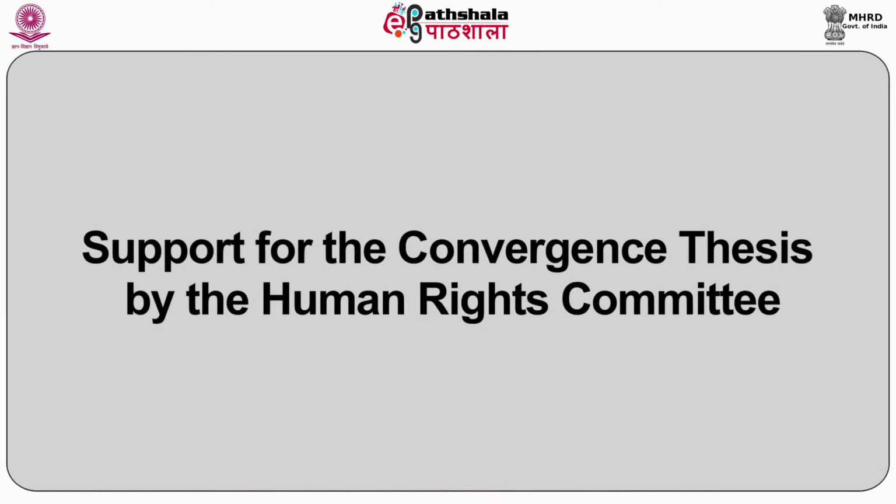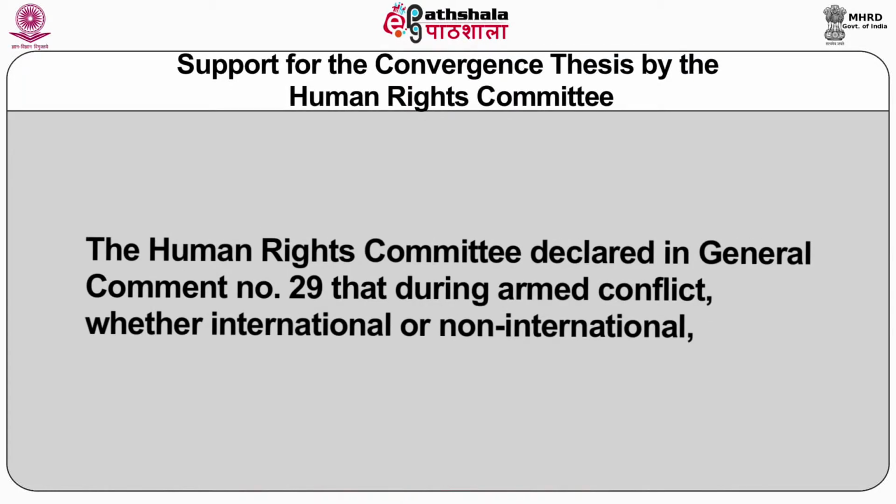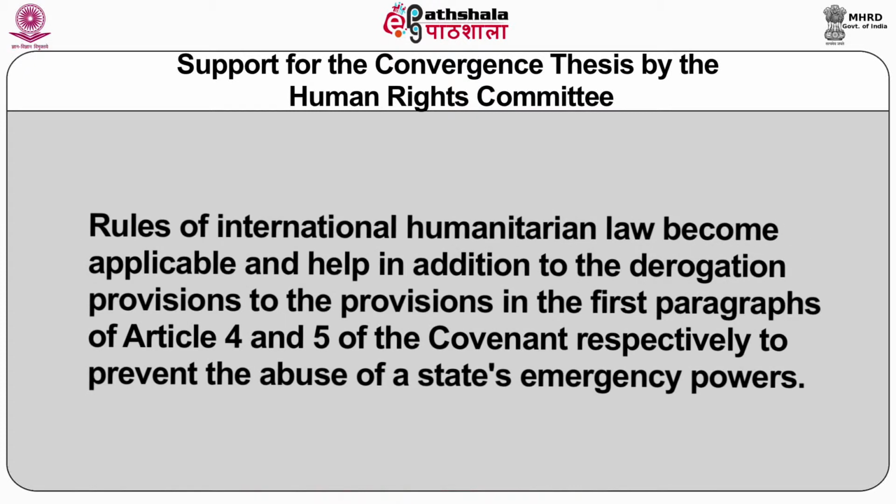What is the support for the convergence thesis by the Human Rights Committee? The Human Rights Committee declared in General Comment number 29 that during armed conflict, whether international or non-international, rules of international humanitarian law become applicable and help, in addition to the derogation provisions in the first paragraphs of Articles 4 and 5 of the Covenant respectively, to prevent the abuse of a state's emergency powers.